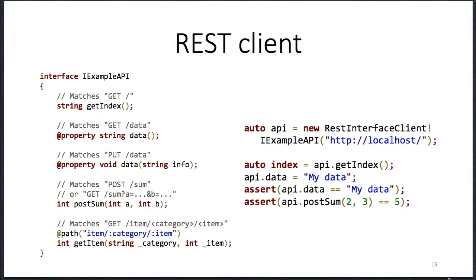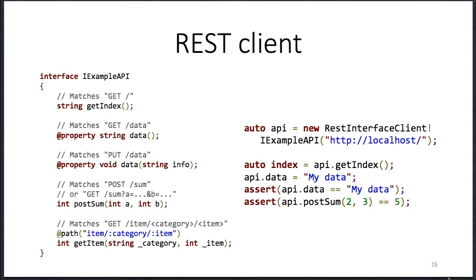But what's interesting about this is that it uses D interfaces to implicitly bind them to HTTP paths. So for example, if you write a getIndex method, index will be interpreted as meaning just the slash, the root of the web server request. If you implement a data property, you can use GET and PUT HTTP requests to read and write it.